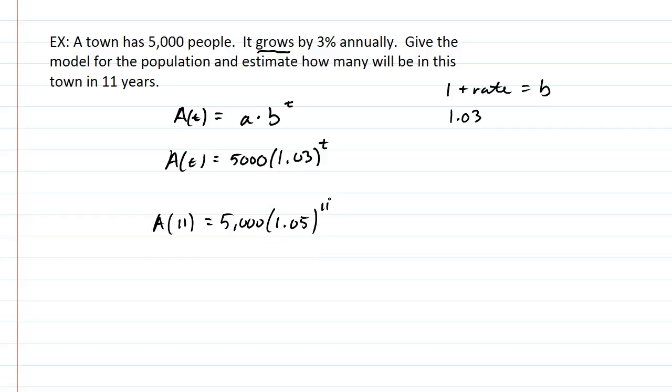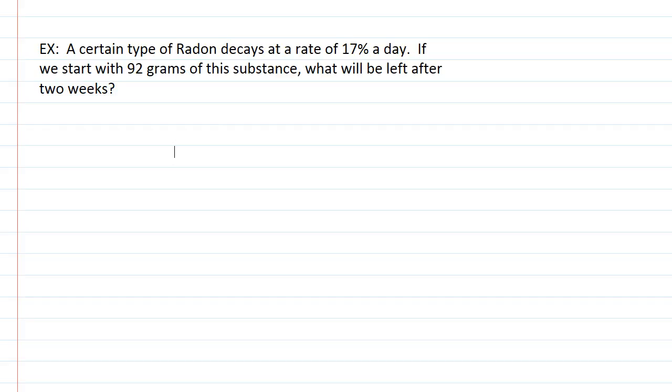That means we plug 11 in for our time, and putting in my calculator, what I get is 8,551 point something something something, but I'm just going to truncate it. I'm just going to cut it off. A lot of people will just say around 8,500 people, because this is only an estimate, and we can't assume we would be too accurate with this simple model.